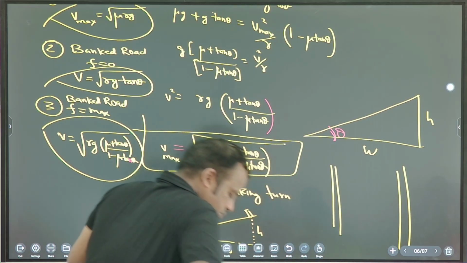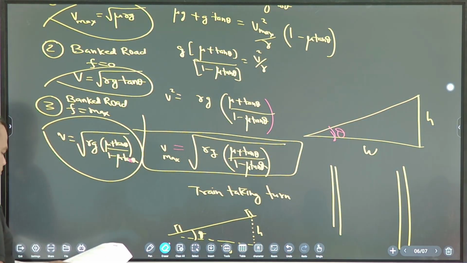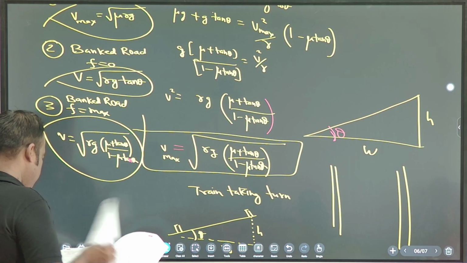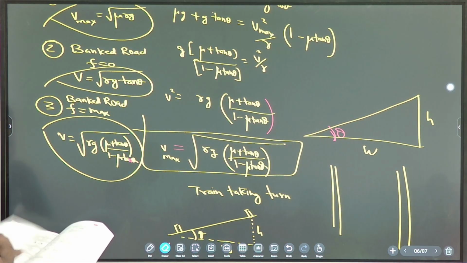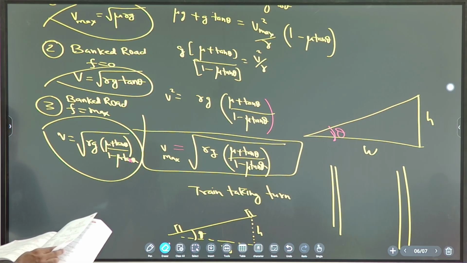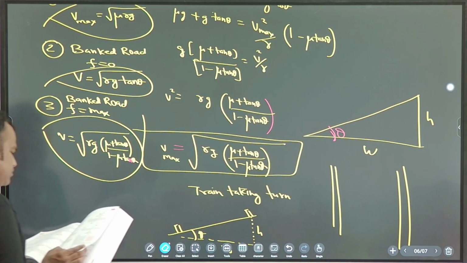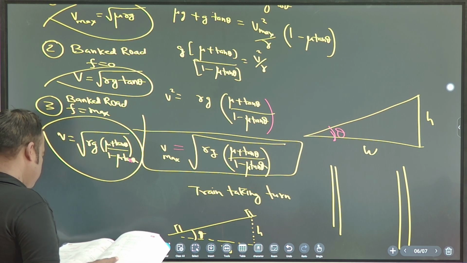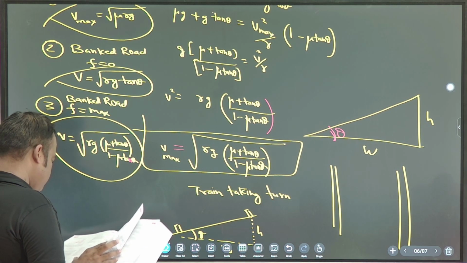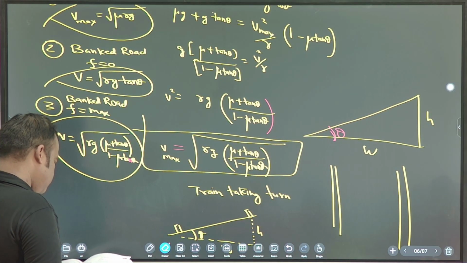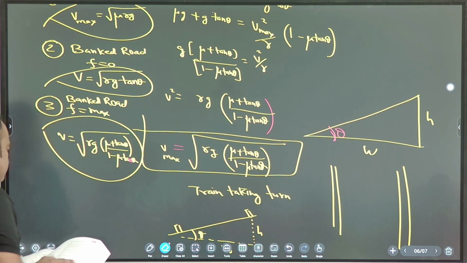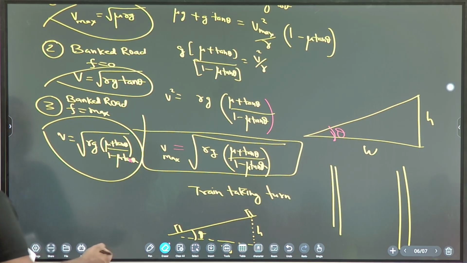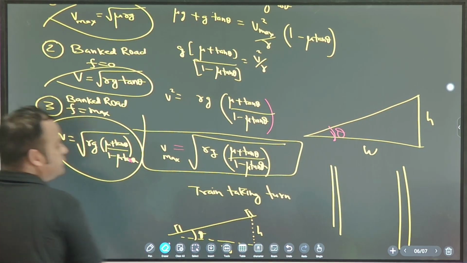Now solve this question. Come to page 282.